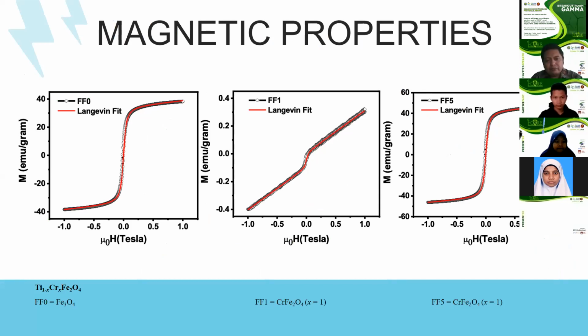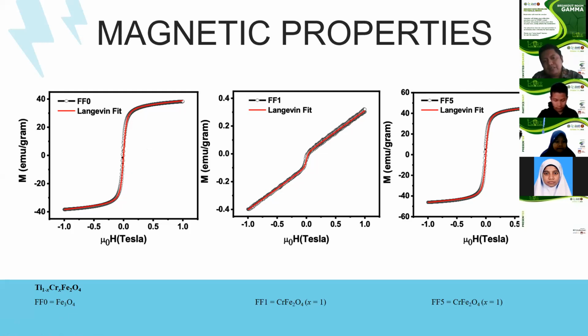Without doping with titanium and without doping with chromium, we can see in the left one the magnetization, which we can fit using the Langevin function. This is an excellent superparamagnetic material.